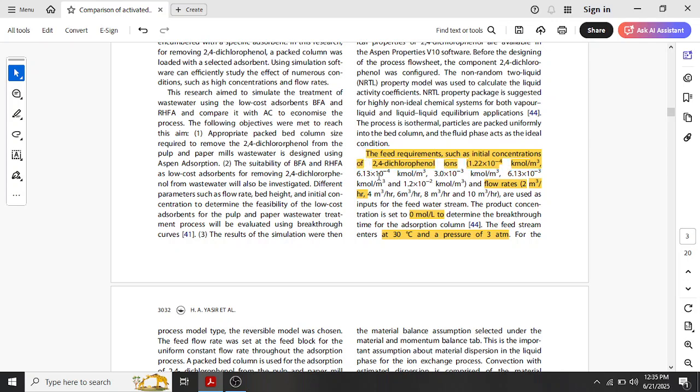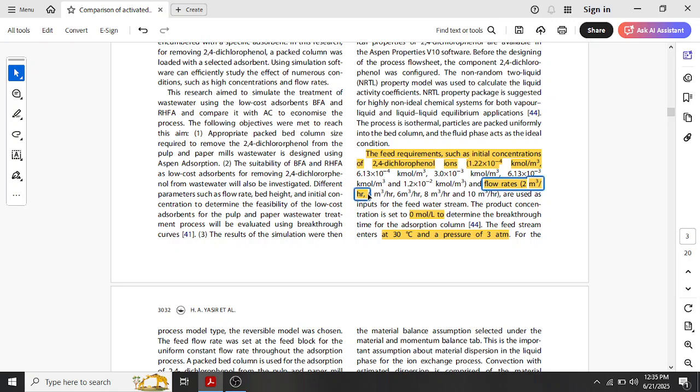So you can use various concentrations of dichlorophenol in the feed stream. Here I will use 1.22 multiplied by 10 raised to the power minus 4 kilomole per cubic meter. This is the concentration of dichlorophenol in the feed stream, and the volumetric flow rate of the feed stream is 2 cubic meter per hour.